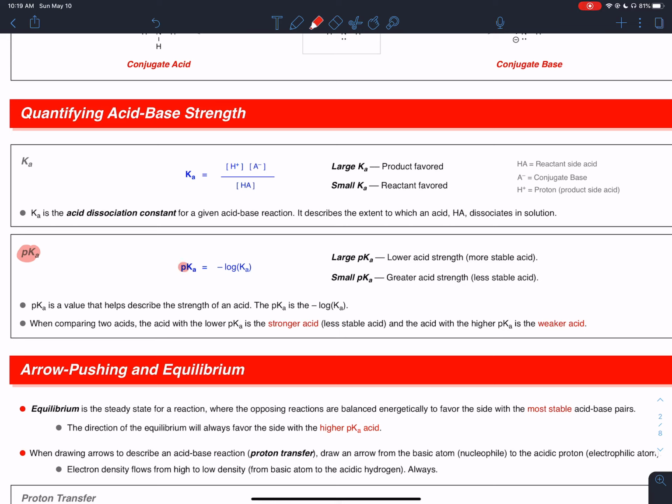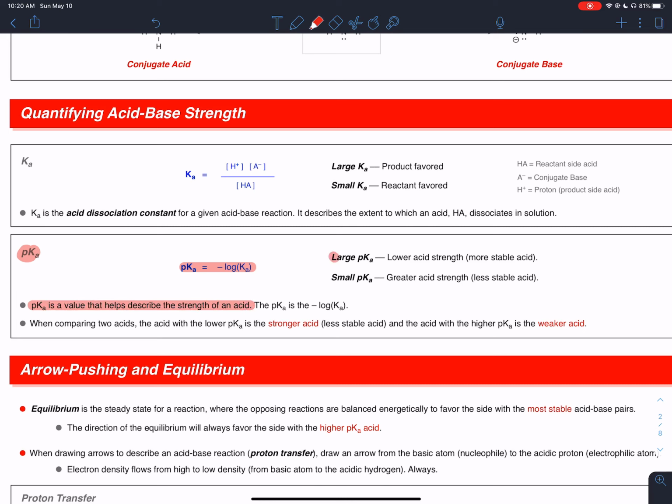What we can do to calculate pKa is take the negative log of the Ka. This will give us an integer or some smaller value that's a lot more relatable, okay? And we use pKa values to help describe the strength of an acid.